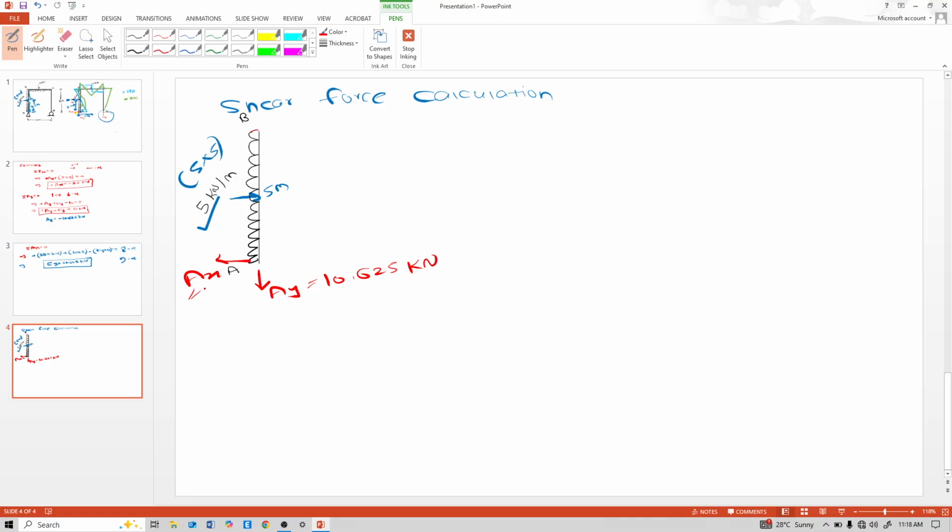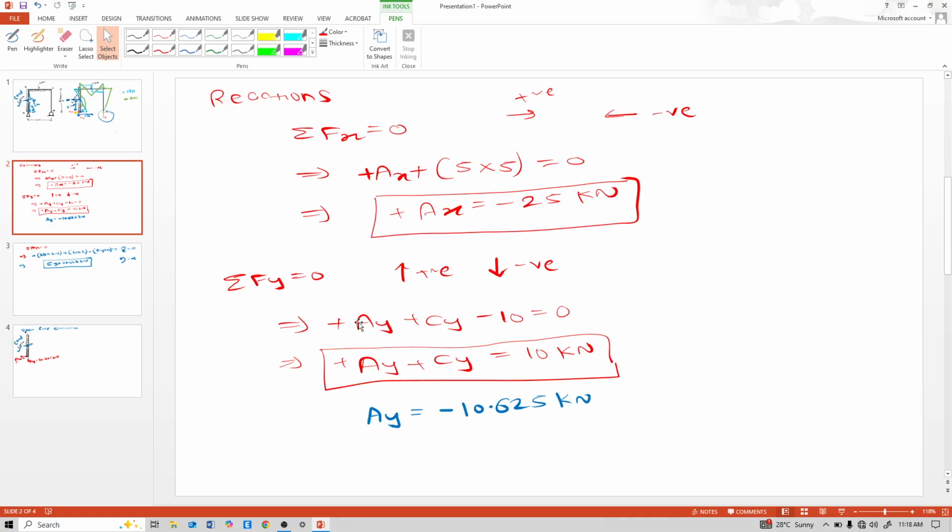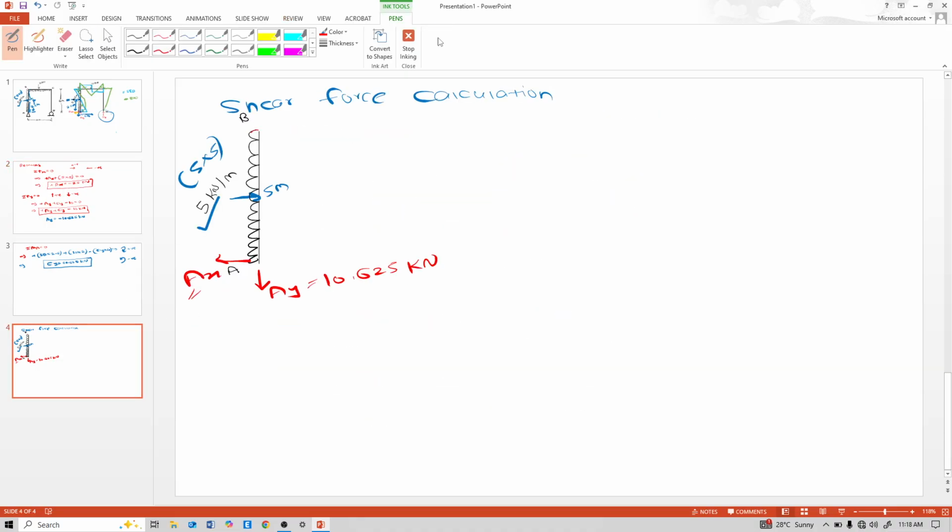And AX is minus 25, that means the magnitude is 25 kilonewton. So see this AY is 10.625 kilonewton, and at this point B it is fixed. Here this element is fixed, so every action there is an equal and opposite reaction. So this AY comes vertical, this is downward. This AX is 25 kilonewton, so we need to find the shear also.